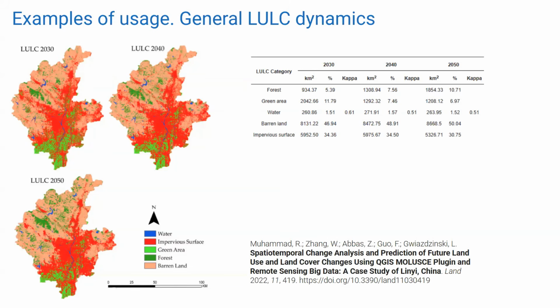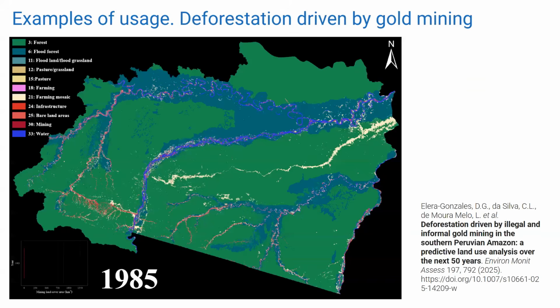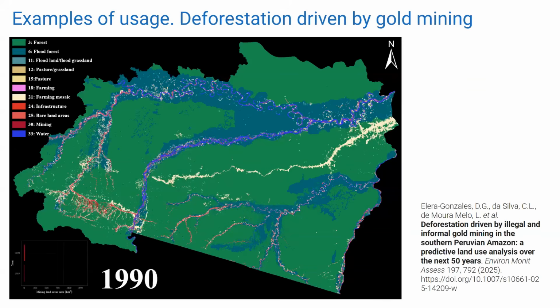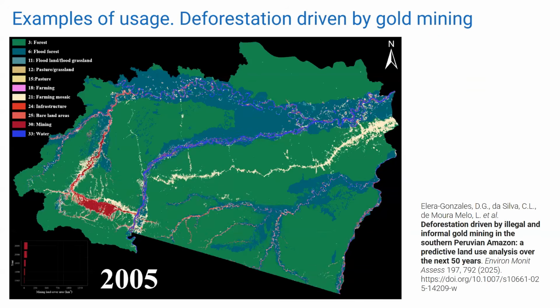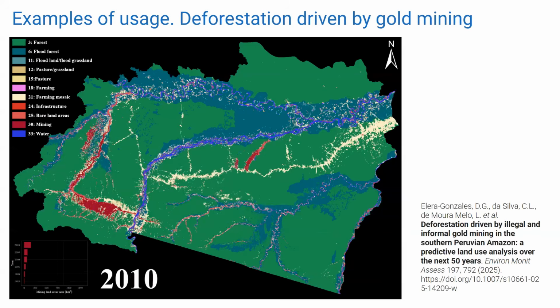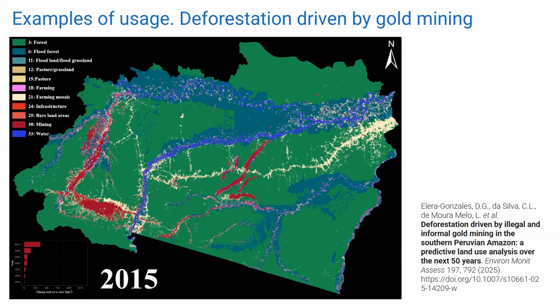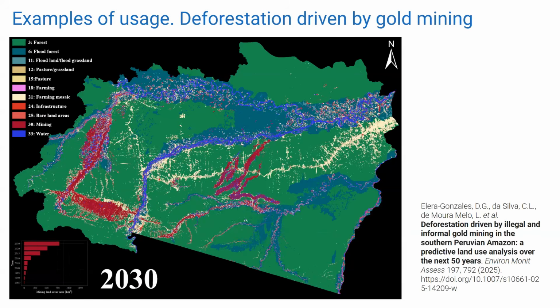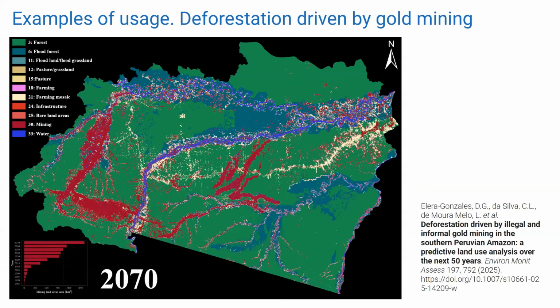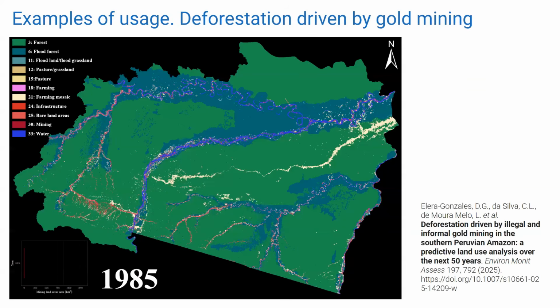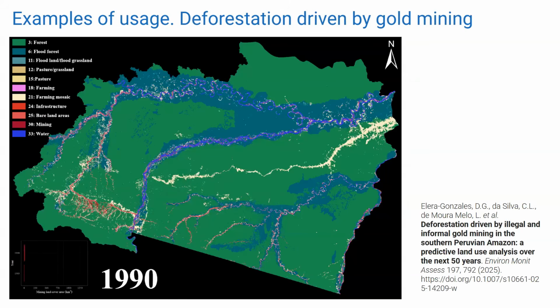Some bright example of such work is presented on this slide. MOLUSCE is also used in papers researching some particular processes, like, for example, deforestation, desertification, or urbanization. Another nice example is very long-term predictions up to 2060.